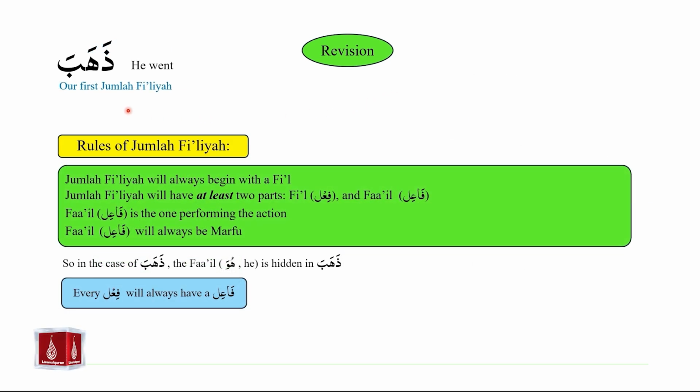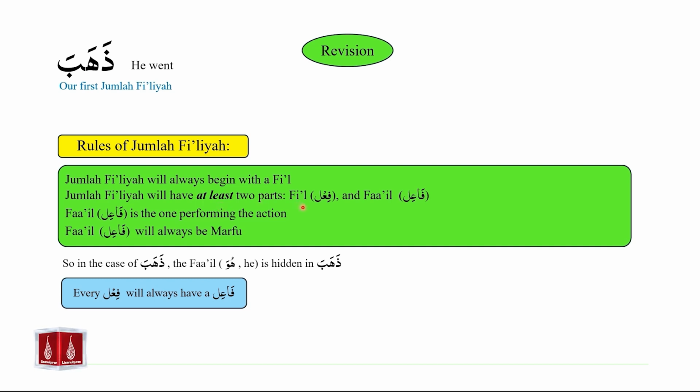Next, we made our first Jumlah fi'liya, which is Zahaba. Zahaba means he went, and Zahaba was our first Jumlah fi'liya. There are some rules for Jumlah fi'liya. Jumlah fi'liya will always begin with a fi'l. Jumlah fi'liya will have at least 2 parts.